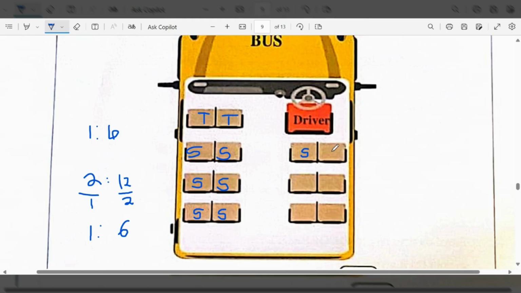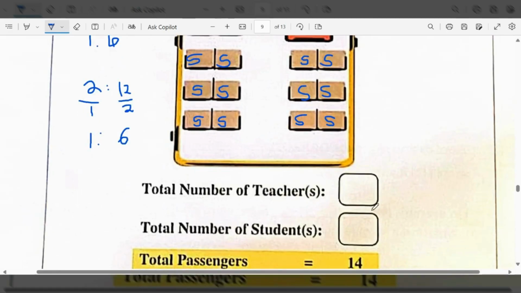So I'm writing the S for the students. And I will say the number of teachers, 2 teachers, and 12 students, and this will give me a total of 14 passengers.